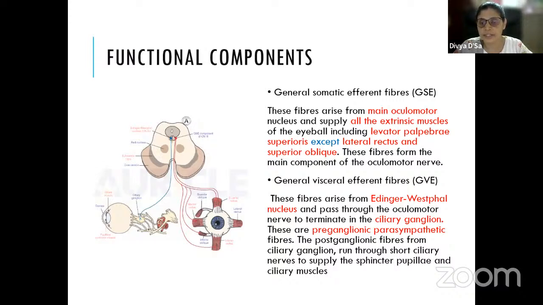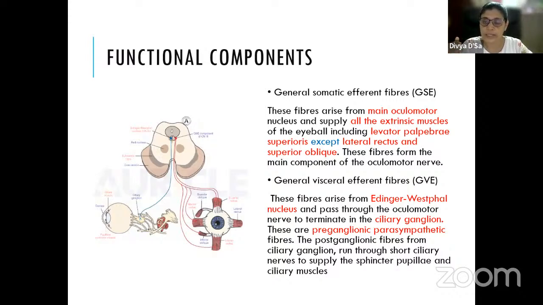Okay, so the general visceral efferent fibers arise from the Edinger-Westphal nucleus, pass through the oculomotor nerve, and terminate in the ciliary ganglion. Once they relay there, the fibers coming from the Edinger-Westphal nucleus are the preganglionic parasympathetic fibers.